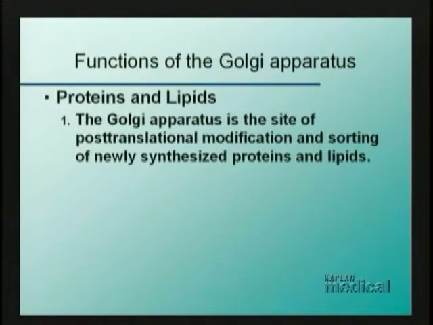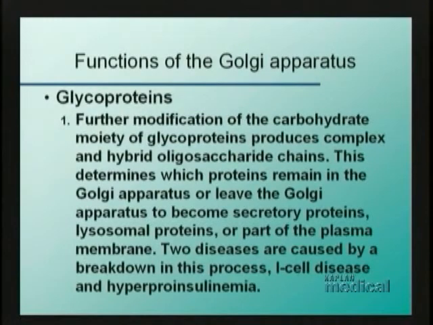So in summary, the functions of the Golgi apparatus include basically a major site of what we call post-translational modification by glycosylation prominently, sorting and packaging of the newly synthesized proteins. The glycoproteins themselves basically are going to be modified in some way to be sent to the proper destination, either as secretory proteins, lysosomal proteins, or the plasma membrane.